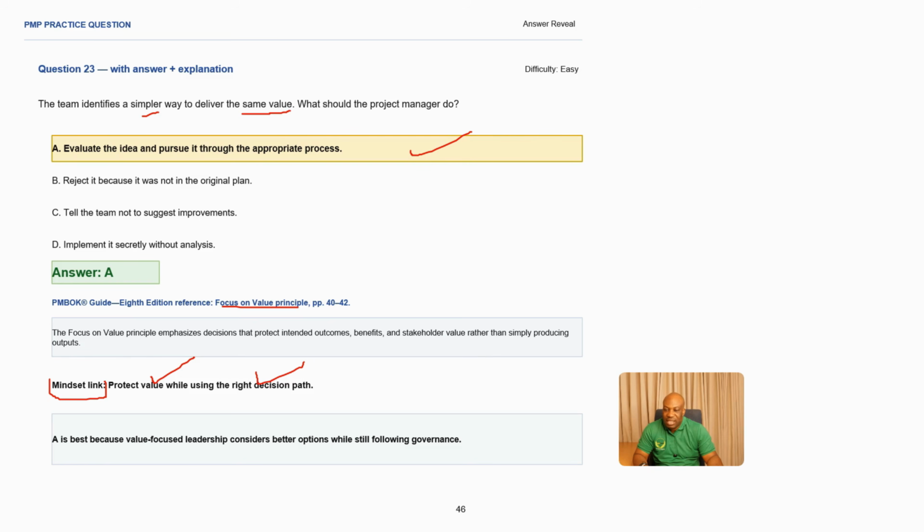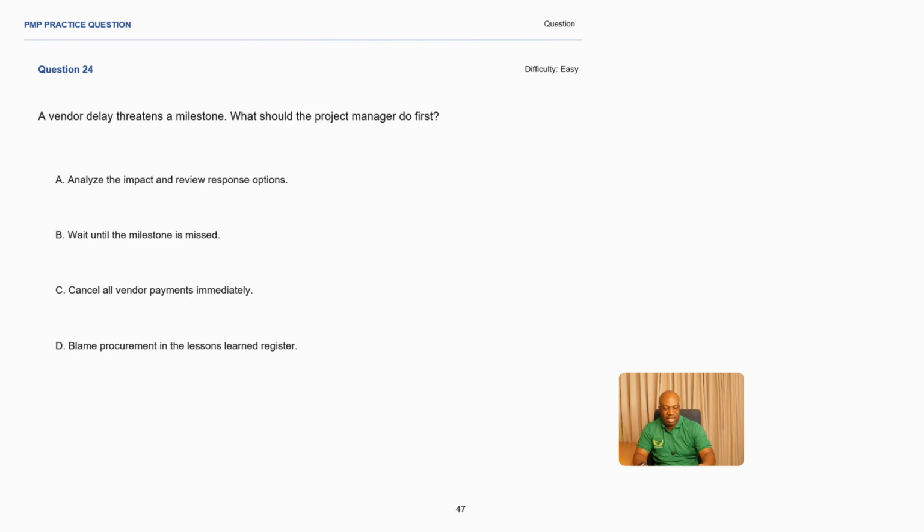In this case, there's a simpler way of doing things, and it's giving the same value. So you need to protect the value. So evaluate the idea and also pursue it through the appropriate process, making A the best answer because value-focused leadership considers better options while still following the governance.